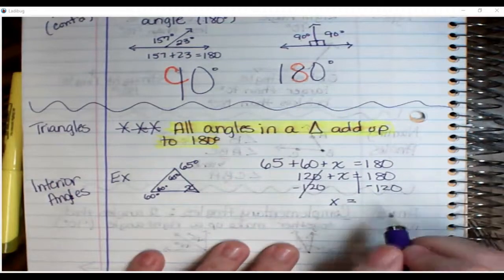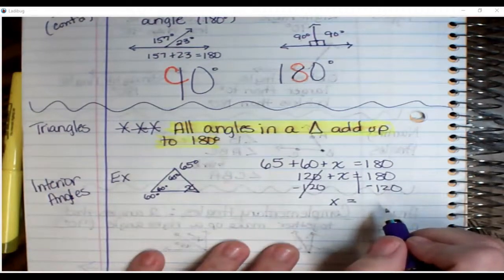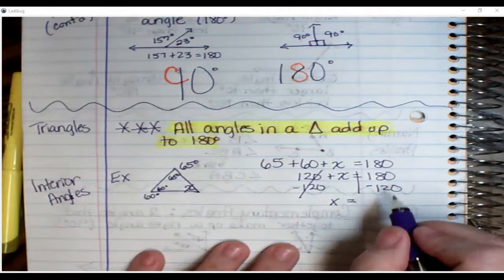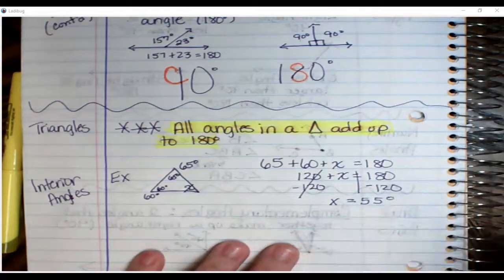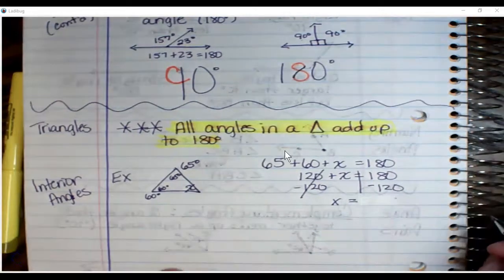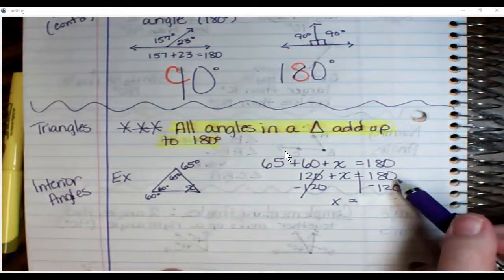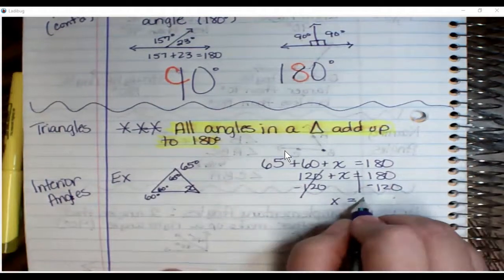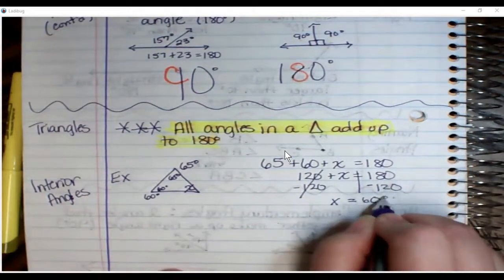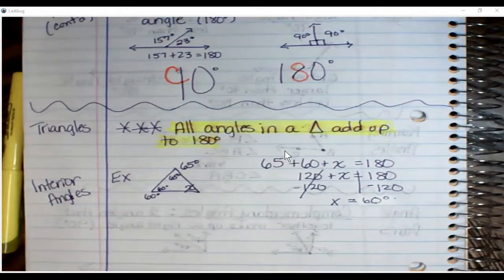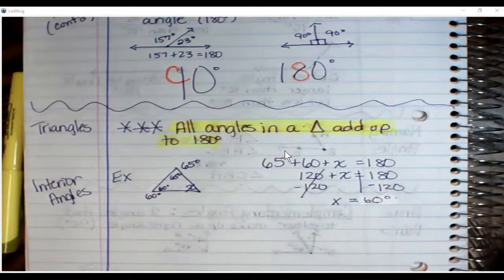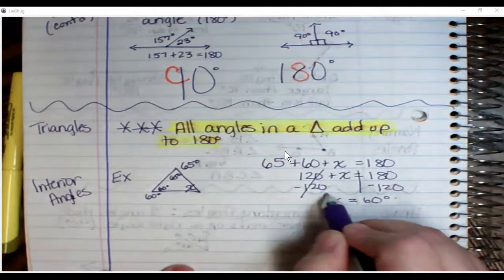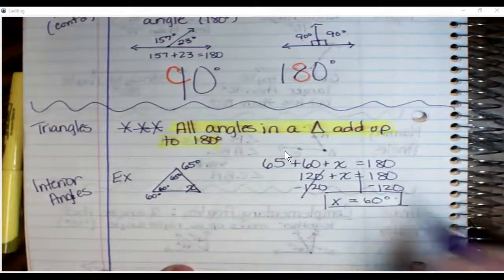X is equal to 180 minus 120, which is 60 degrees. Because if I substitute in 60 plus 120, it equals 180. So the measure of angle X is 60 degrees.